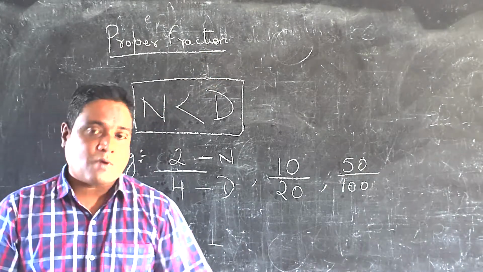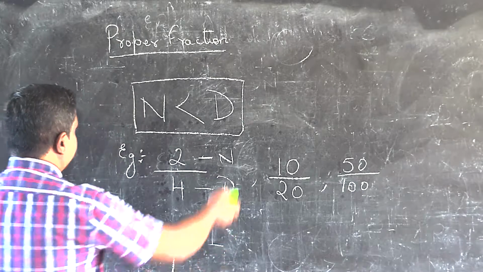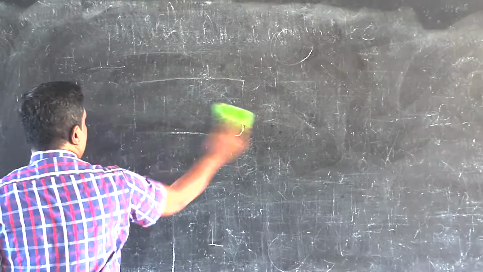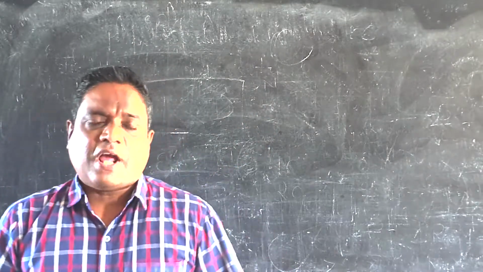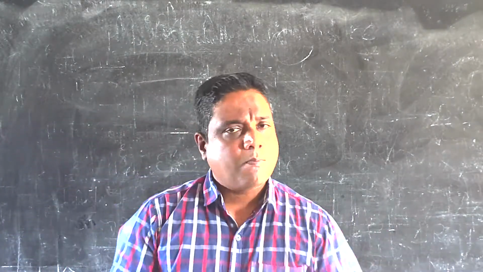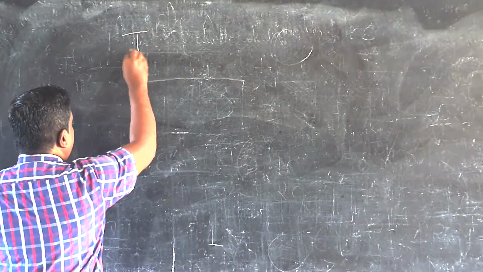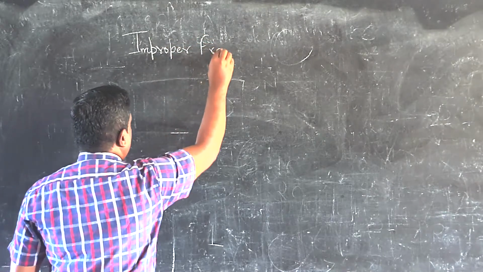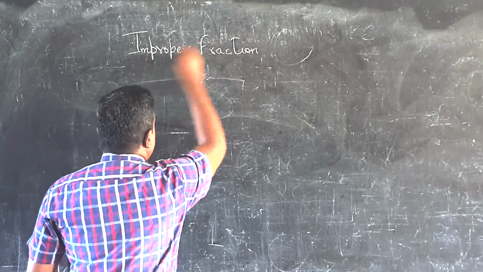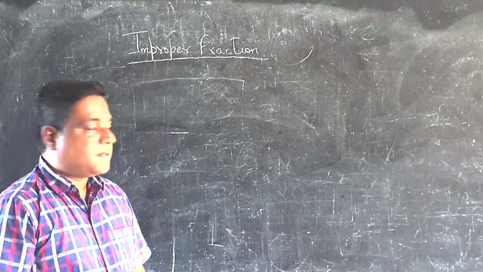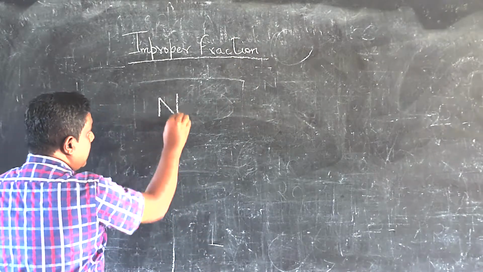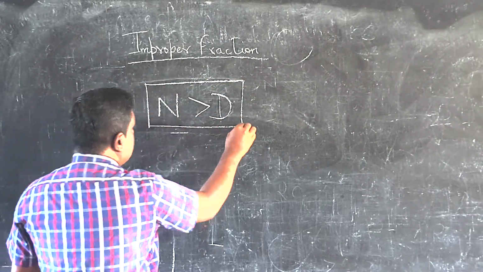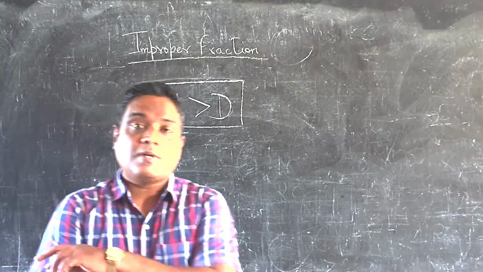And what about an improper fraction? An improper fraction is just the opposite of a proper fraction. The numerator is greater than the denominator.